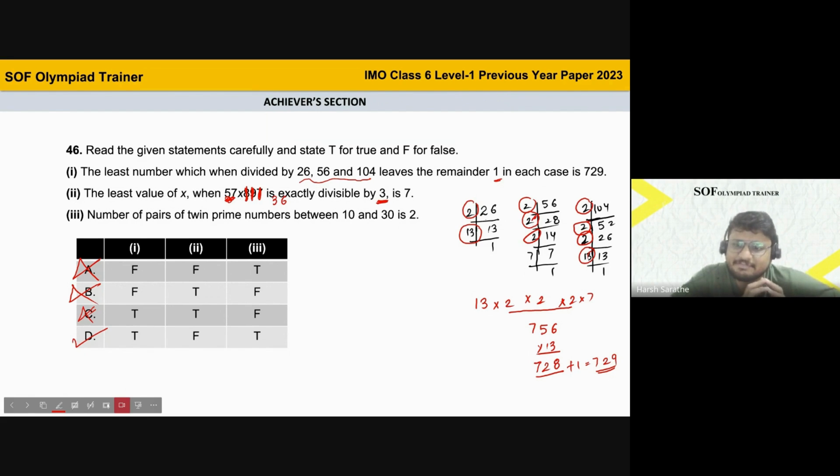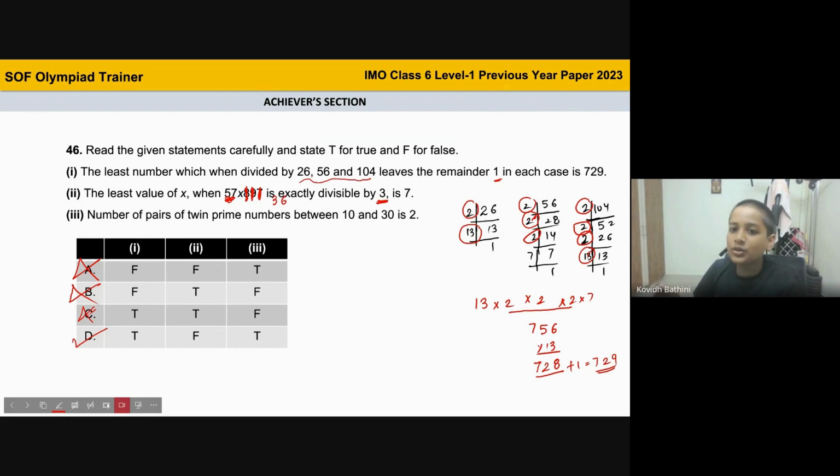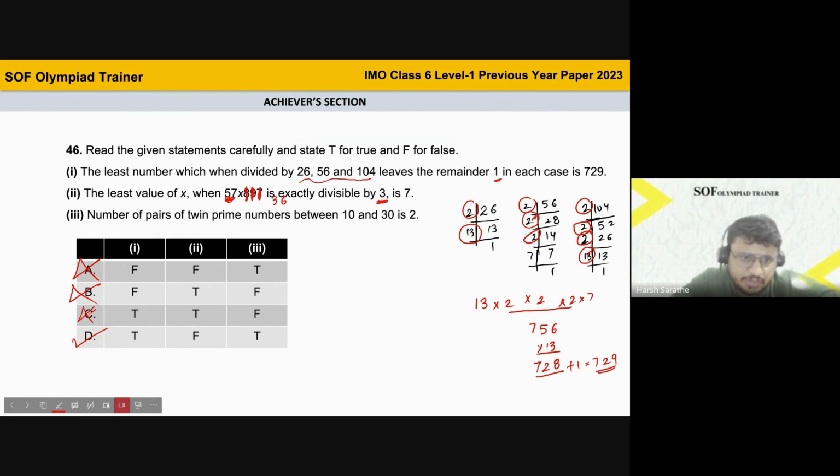Sir, we have to divide these numbers multiple times, find the common ones, then again multiply them and add one to see if it's right. Yeah, and the second way by which we can solve this question is, you can solve the second and the third one easily first.